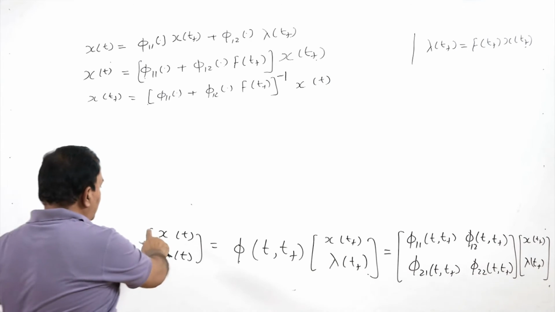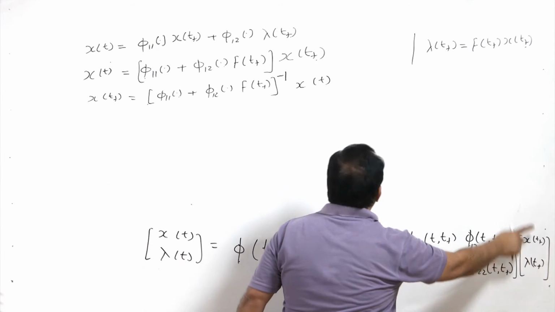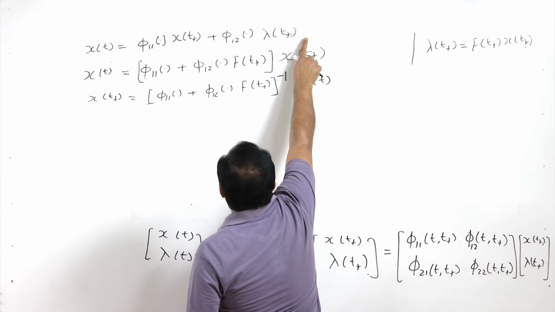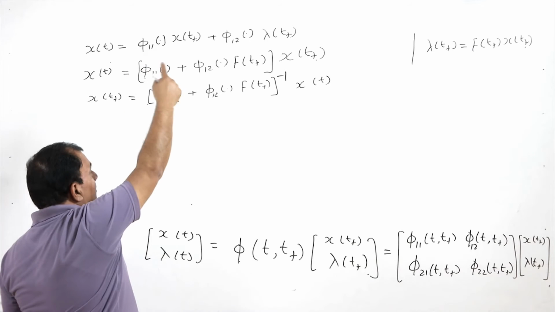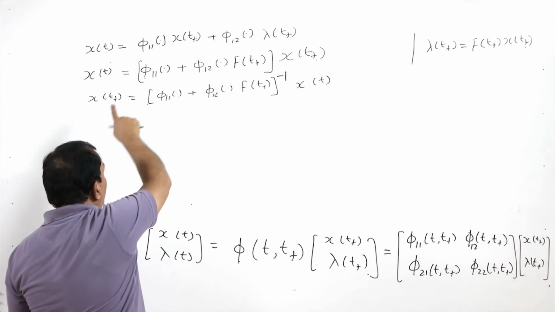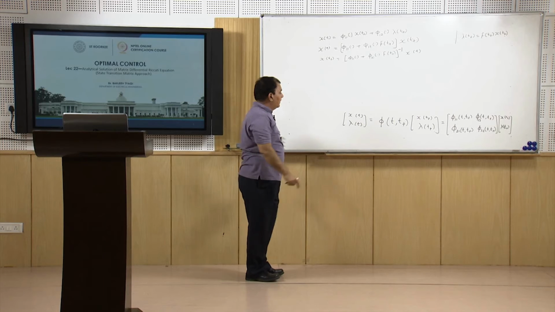So, from the first equation, x(t) we have expanded as phi 11 x plus phi 12 lambda, we replaced lambda(t_f) by F, and then we are writing x(t_f) in terms of x(t).